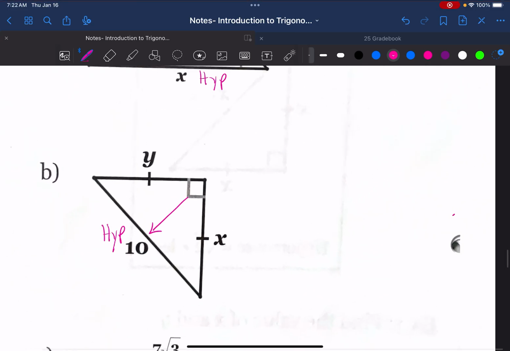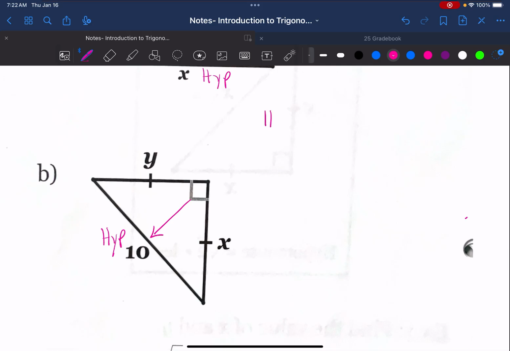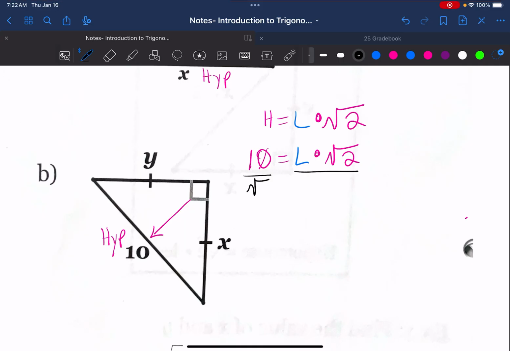We're going to use the same equation: my hypotenuse equals leg times square root of 2. But this time we have 10 for my hypotenuse, and we're still looking for my leg times square root 2. What we're going to do is solve for the leg, basically if the leg is an x, and divide both sides by the square root of 2.